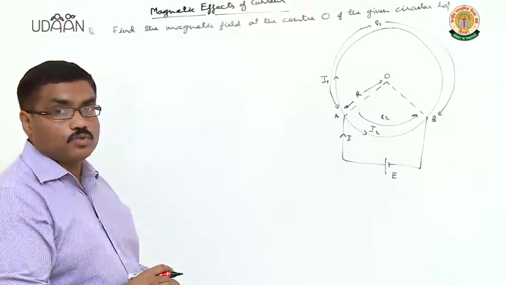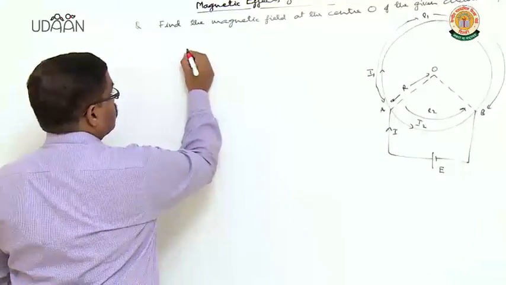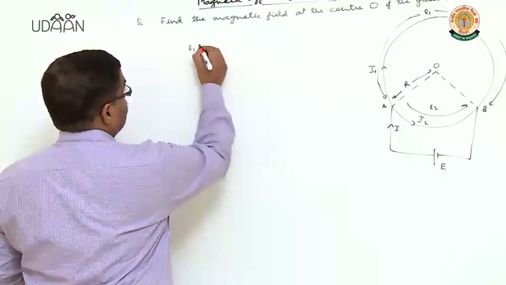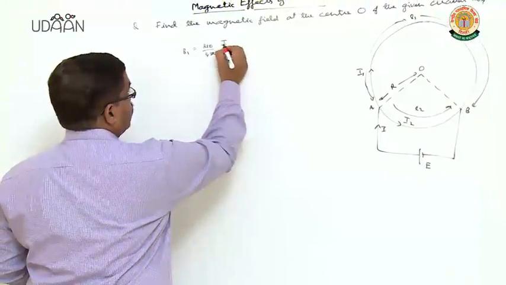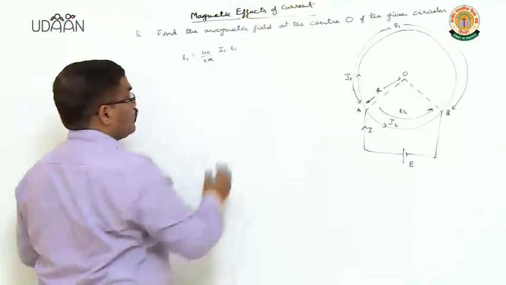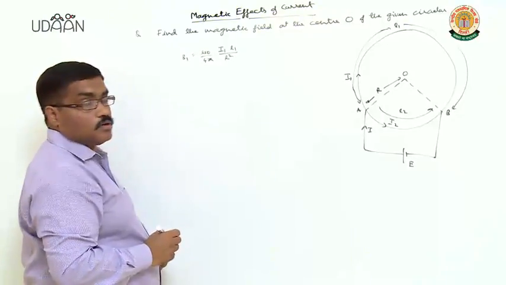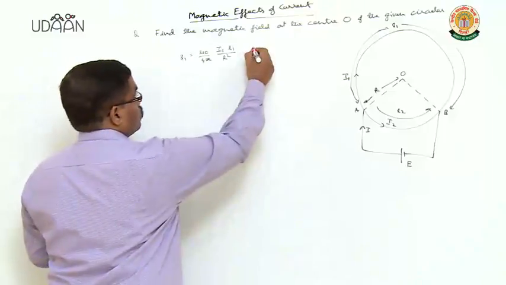Now, if you use Biot-Savart's law, the field produced, say, B1 due to the upper part can be written as mu naught upon 4 pi I1 into length of the loop, that is L1, divided by R square. Now this field will be acting in the inward direction, so it is cross.